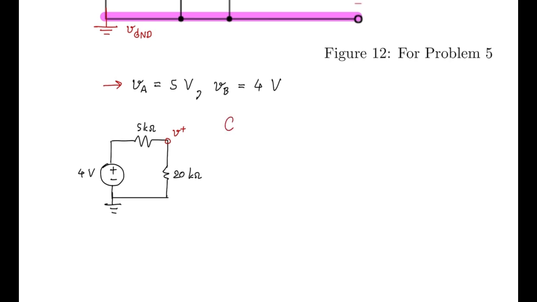Thus, we can find V+ using the voltage divider formula, which states that the voltage across an element in a series circuit with a single voltage source is equal to the voltage from the source times the resistance of that element, divided by the sum of all resistances in the circuit.